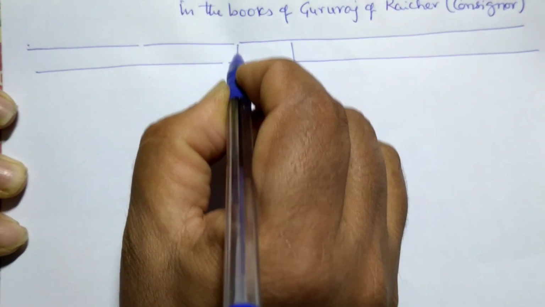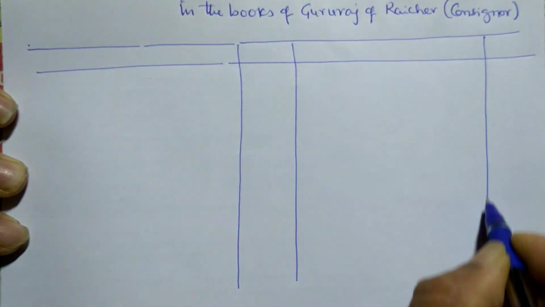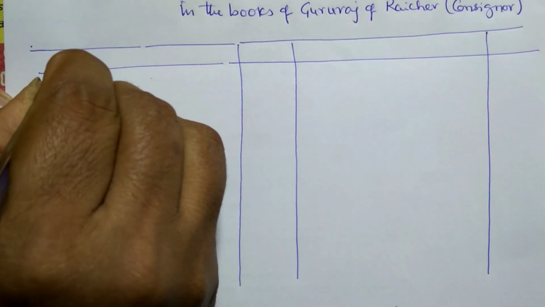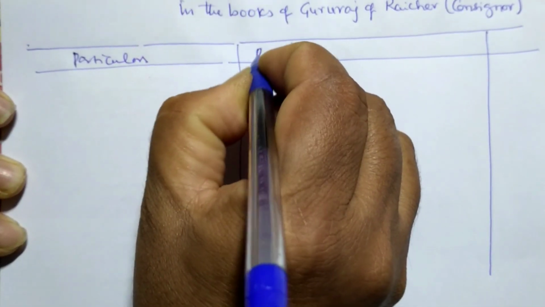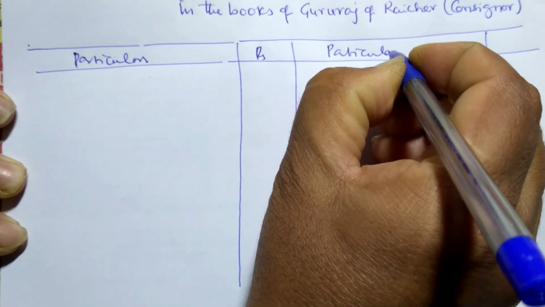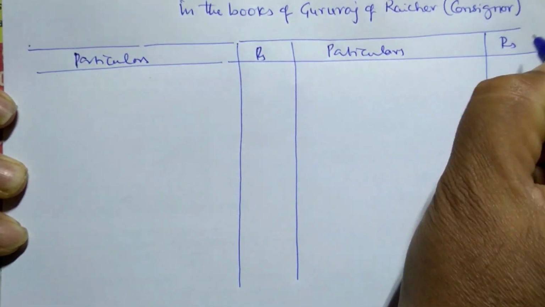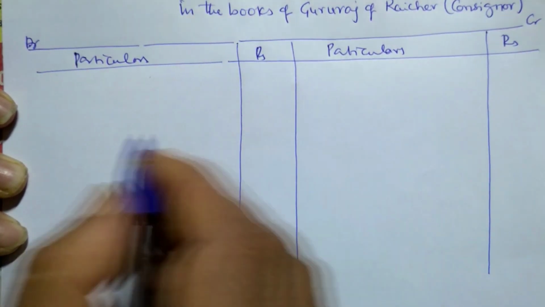The consignment account is like this. I have to take particulars. First column I'll take particulars, rupees, particulars, rupees. This is debit, this is credit.